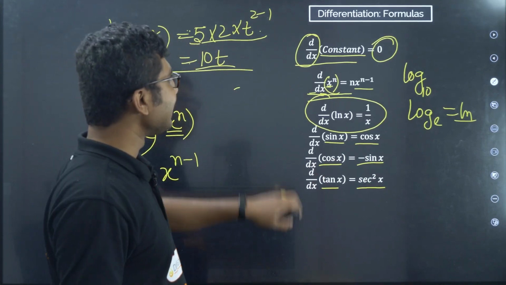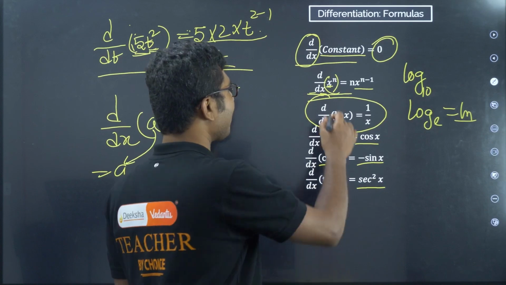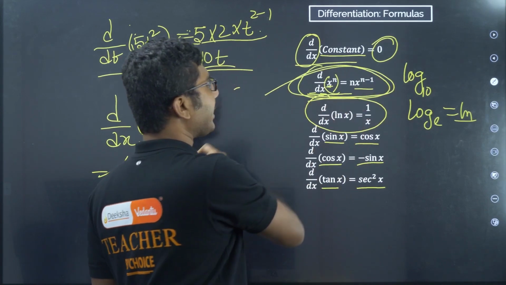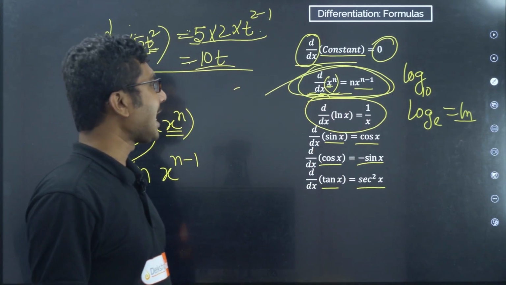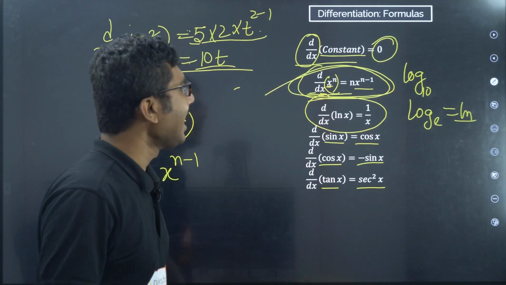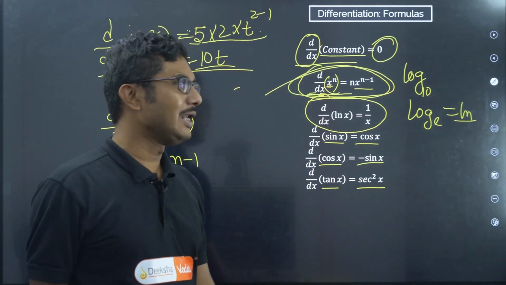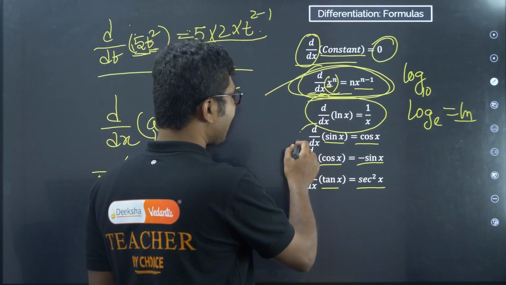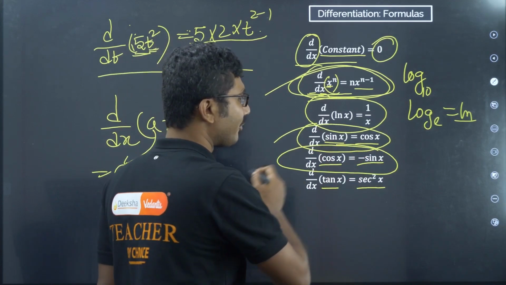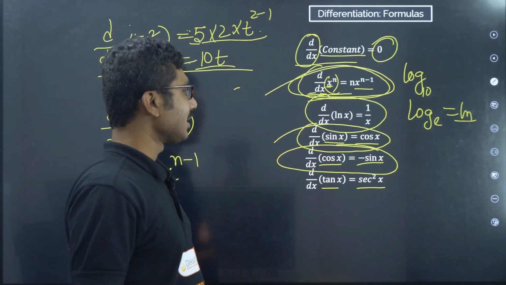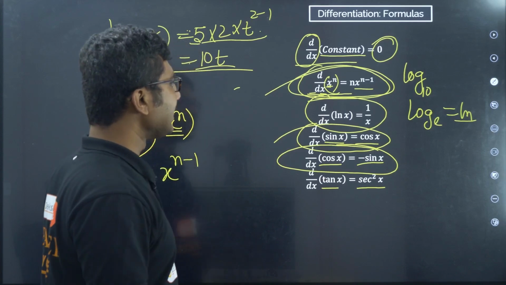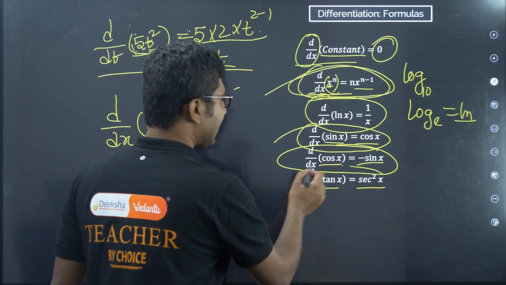Okay, so these are the basic formulas you need to remember, but most important is this formula. Most of the time this is the most used formula that you will find. Sometimes in some cases this is also important. For example, when you study SHM, these equations will come in handy. Okay, so these are the very basic formulas that you have to remember.